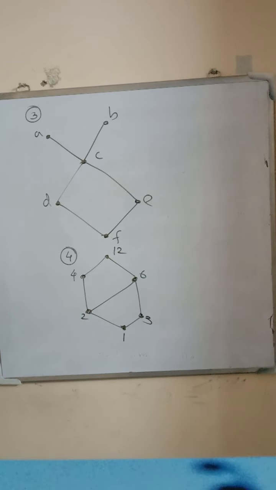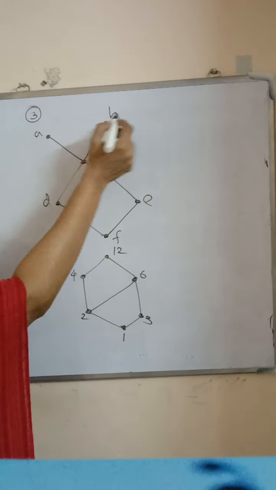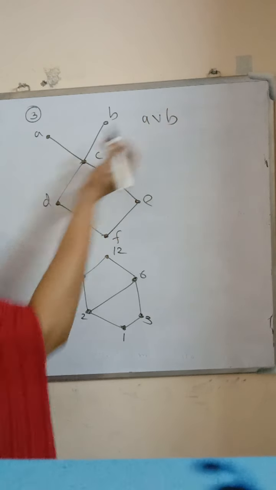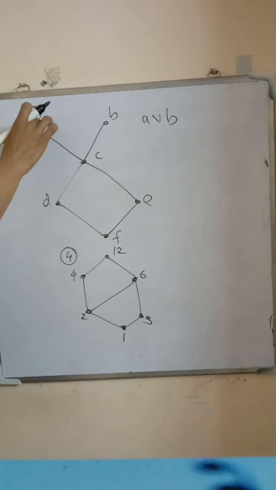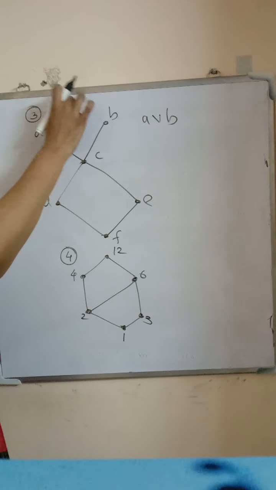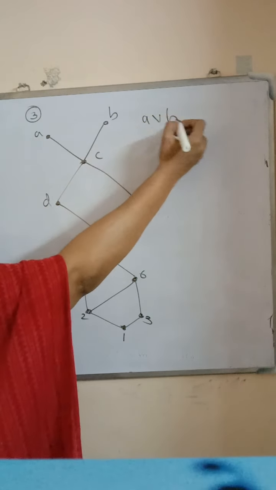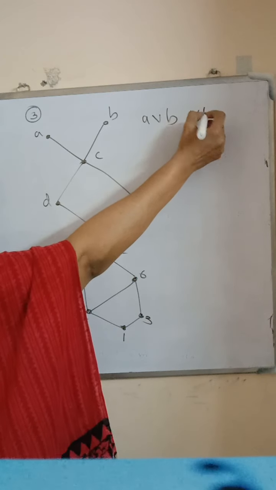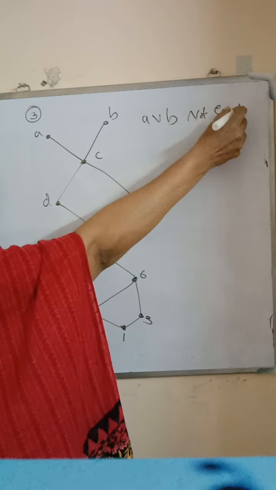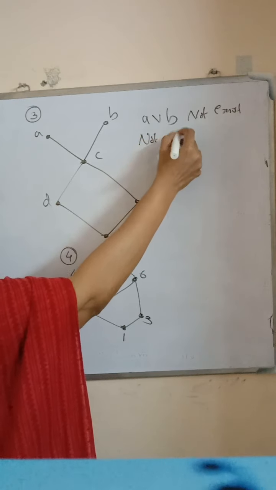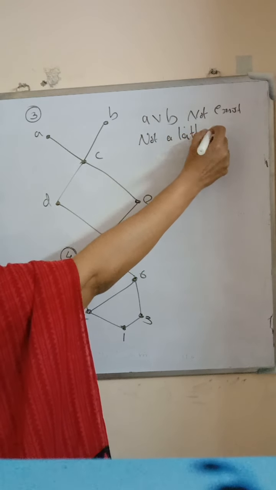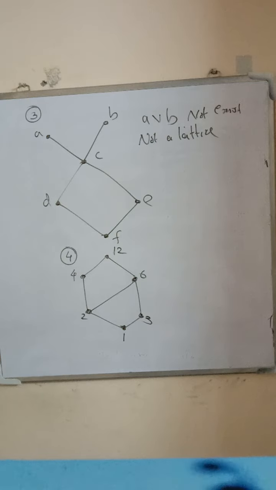Consider another example. In this poset, is it a lattice? Definitely it is not a lattice because A join B does not exist, because A and B have no common upper bounds. Therefore, not a lattice, and not a join semilattice either.